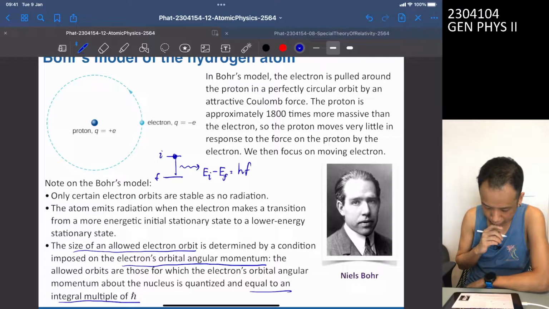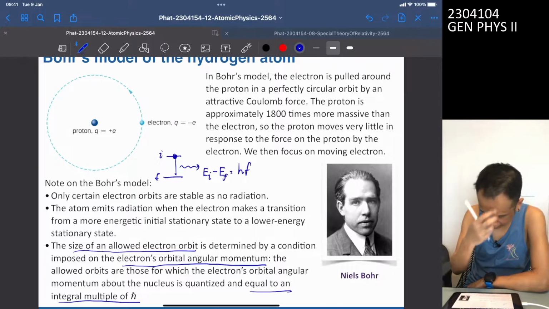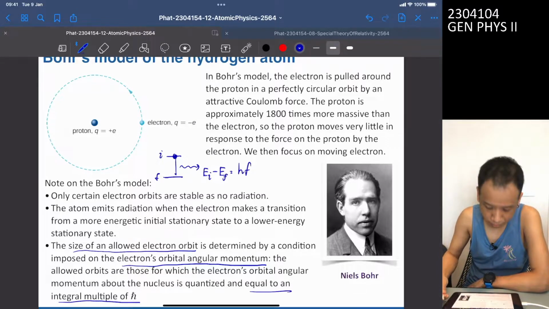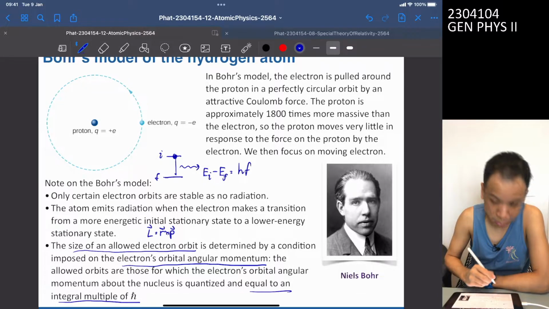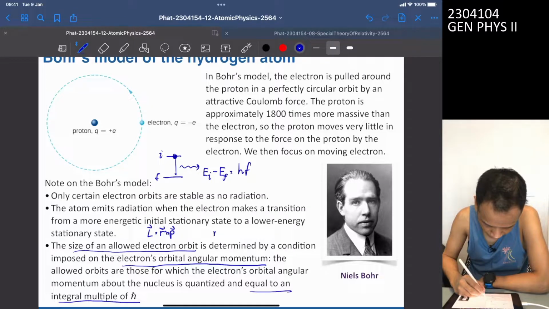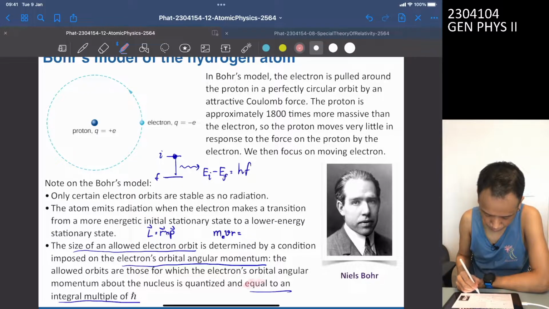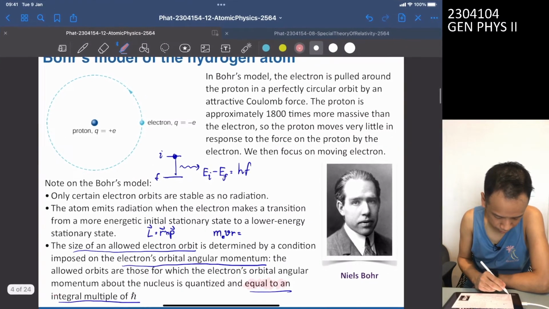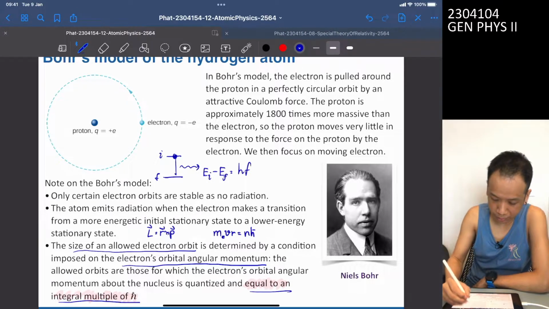What this point is saying is that if you consider the angular momentum L, if you remember, L equals r cross p, and p is mv. So finally you get m_e v r, and from Bohr's rule it needs to equal an integral multiple of h bar. So it equals n h bar.